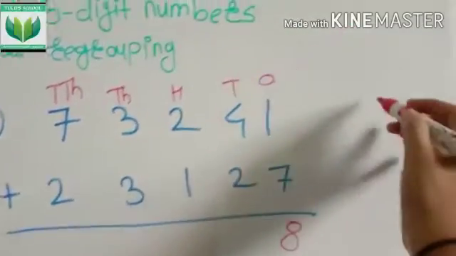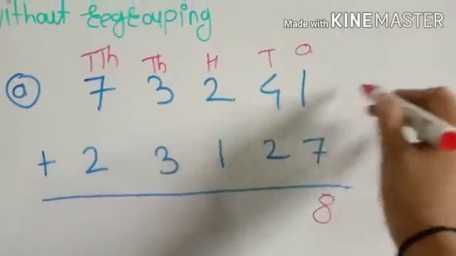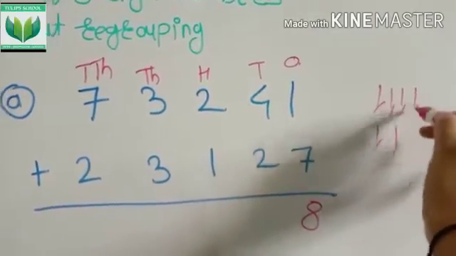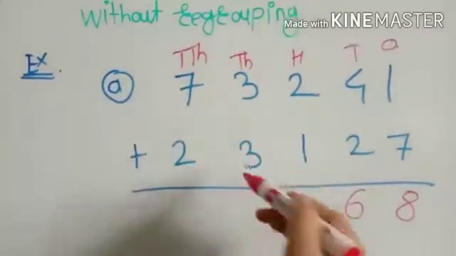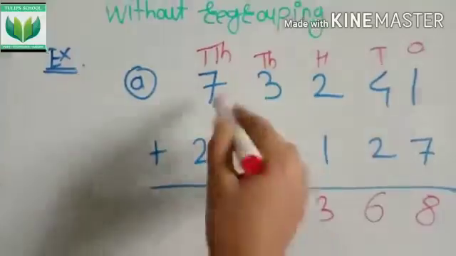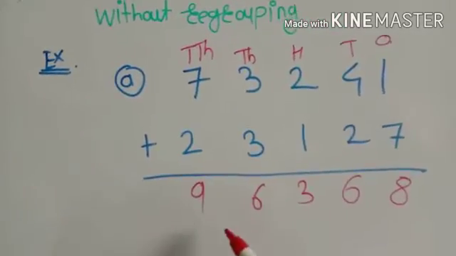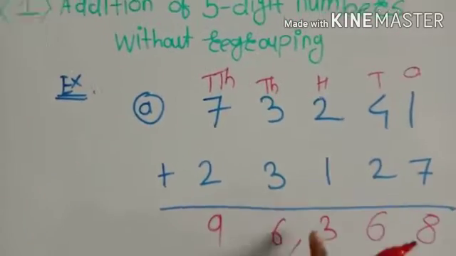If you know that, you can make strokes like this and count. I will tell you: 4, then 1, 2. Counting on, 1, 2, 3, 4, 5, 6. The answer is 6. 2 plus 1, 3. 3 plus 3, 6. 7 plus 2, 9. Now the answer is 96,368. You have to read it also.